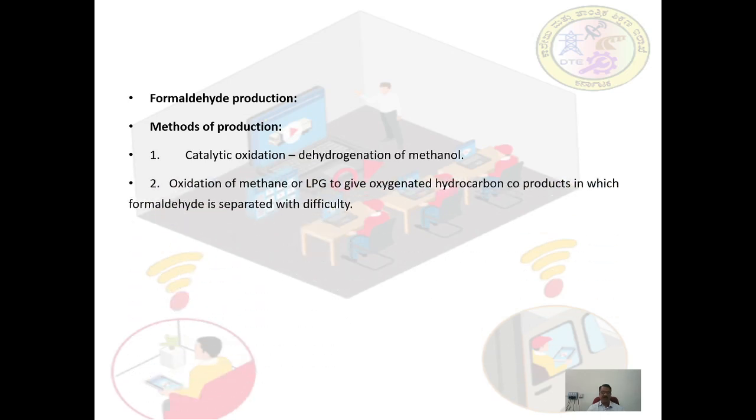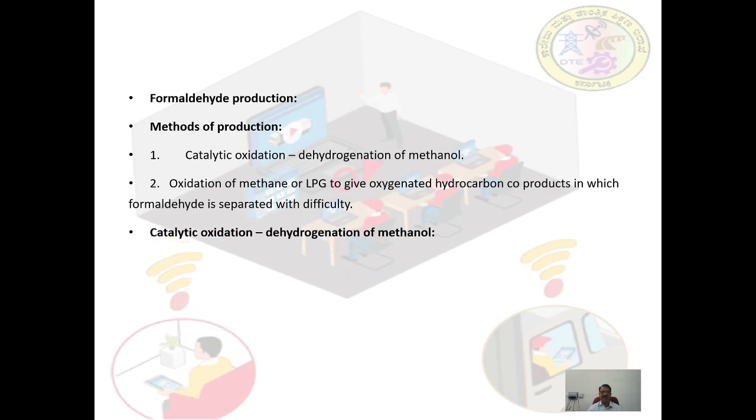Second one is oxidation of methane or LPG to give oxygenated hydrocarbons, in which formaldehyde is obtained as a co-product which can be separated with difficulty.